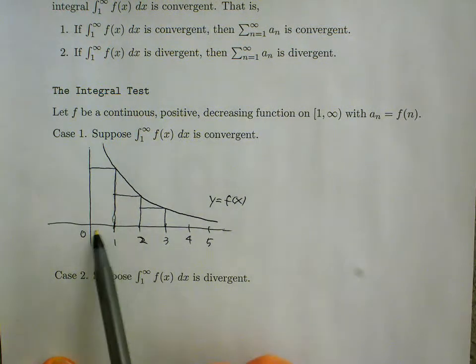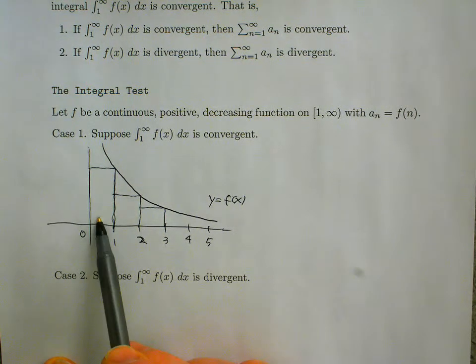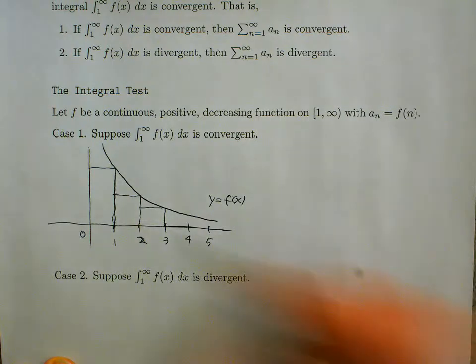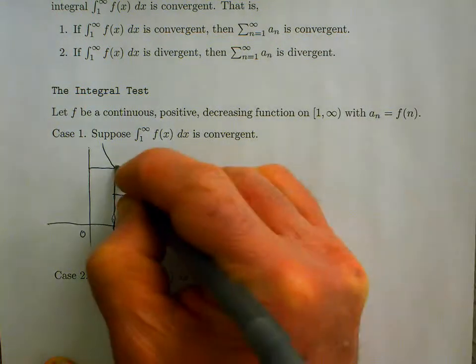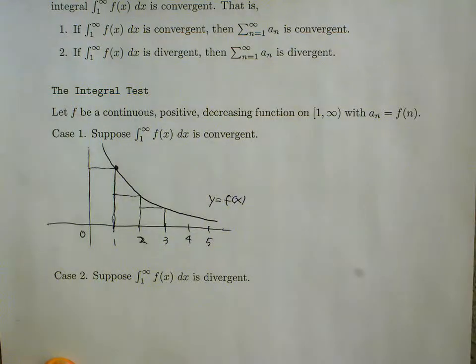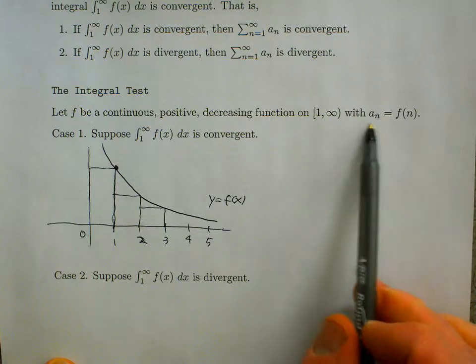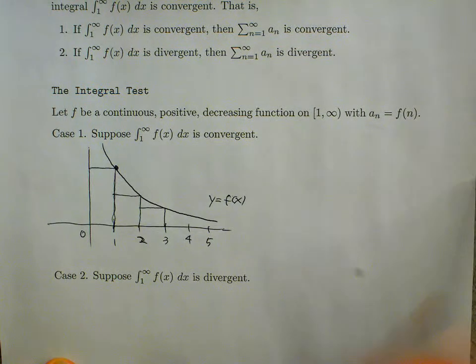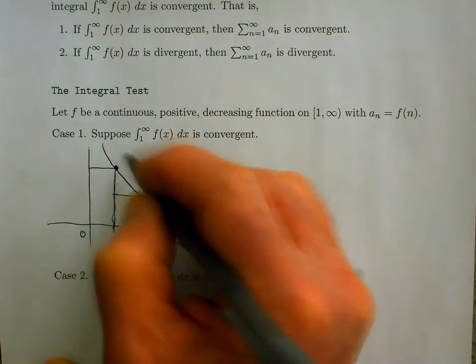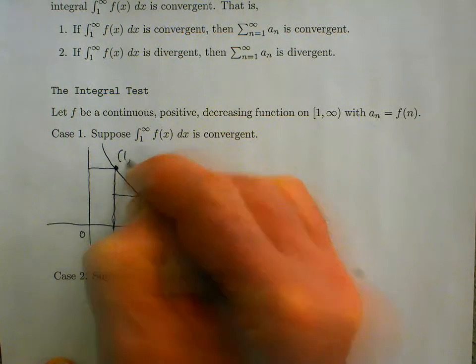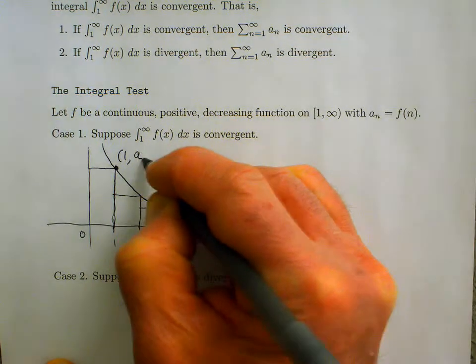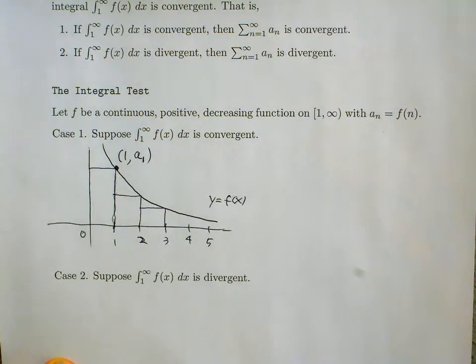The area of this first one on the left, well, remember what this point is. It's f of 1, but f of 1 is a sub 1. It's the first term in the sequence a sub n, right? So this ordered pair is 1 for x and a sub 1, which is f of 1.